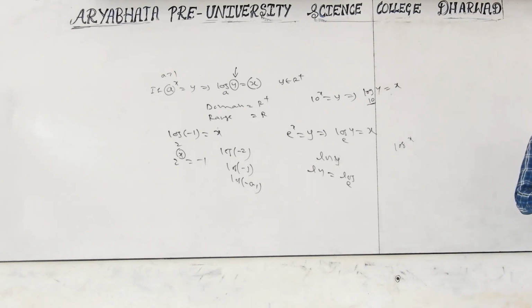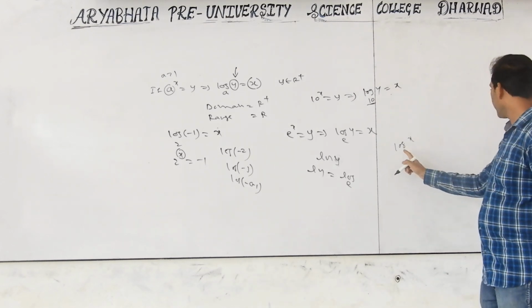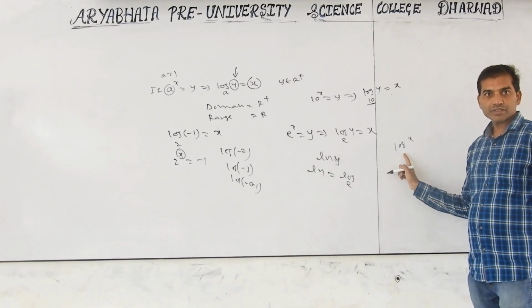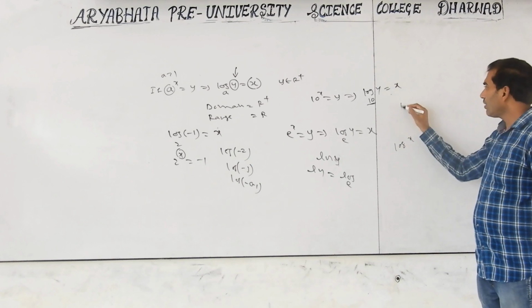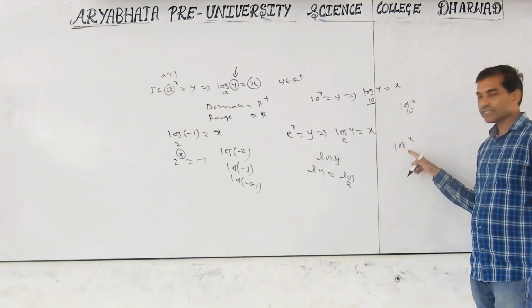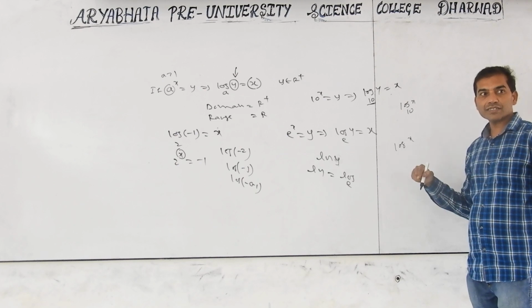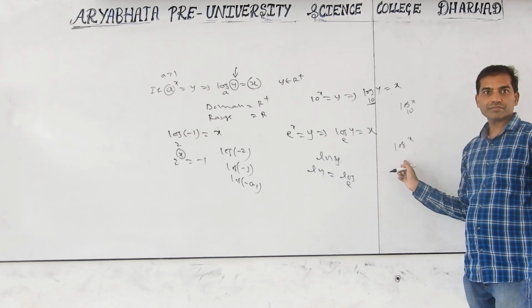I have not mentioned. So if it is not given, we consider it as base e. Log x base 10, what is the base? 10. Here the base is not given, so we consider it as the natural logarithm. So the natural logarithm base is e.